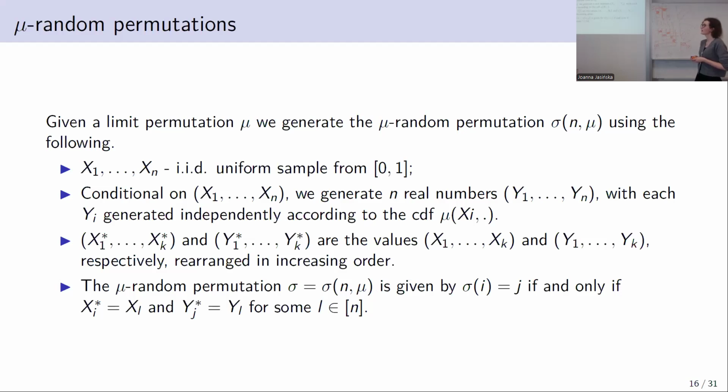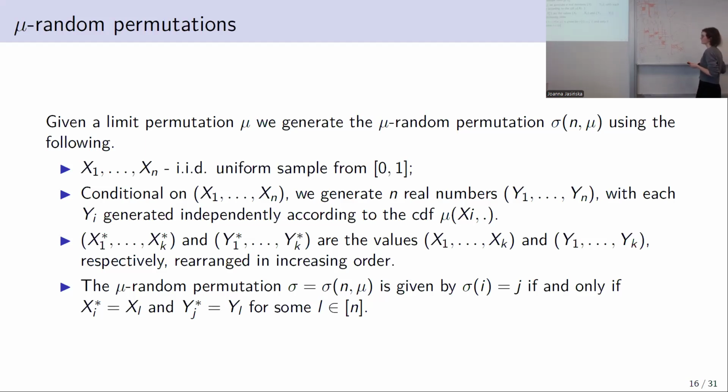One other technical thing I want to mention before moving to my results are the so-called mu-random permutations. Before, I explained how to get a permuton from a permutation, and now I want to explain it the other way around. Now I have a permuton, a limit permutation, a permuton mu, and I can generate a new random permutation just by drawing points at random from a square.